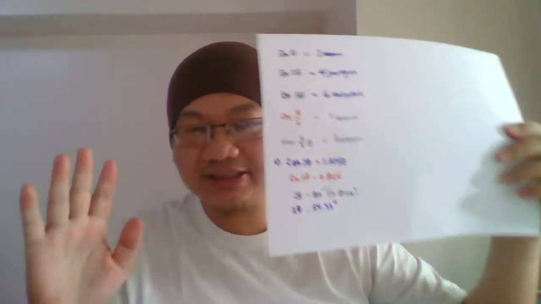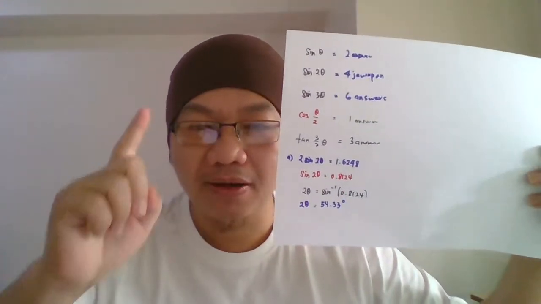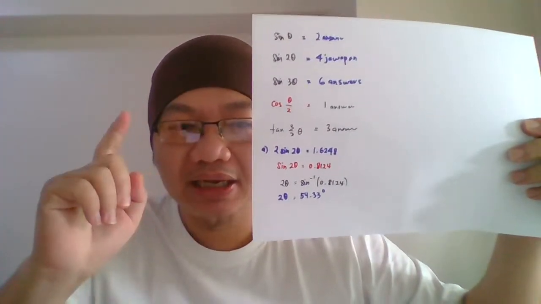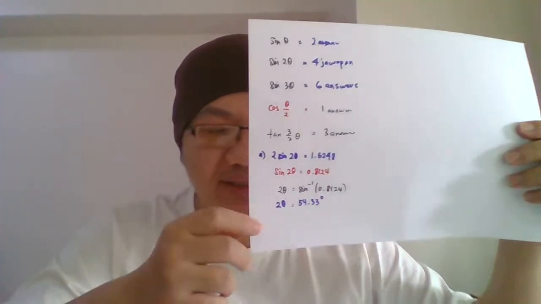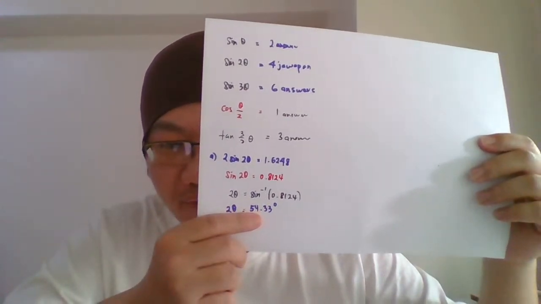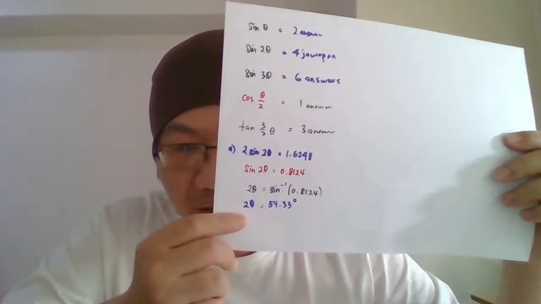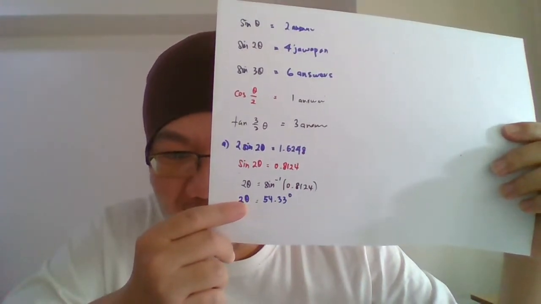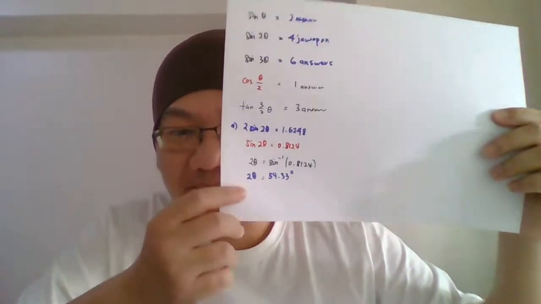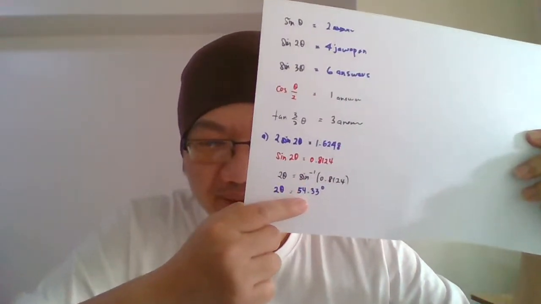Now, this one is the most crucial part. What is the mistake made by people? Made by the SPM candidates. The mistake they usually make is, after they got this value 54.33, you look here, this is 2 theta, right? What did he or she do after that? They move 2 to the right side so that it becomes over.